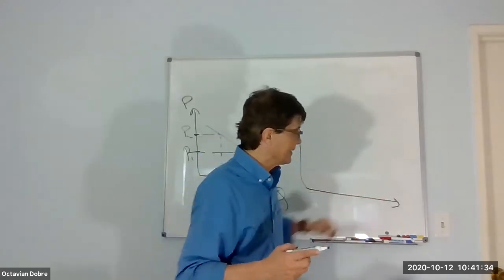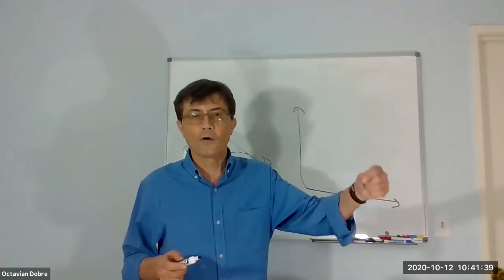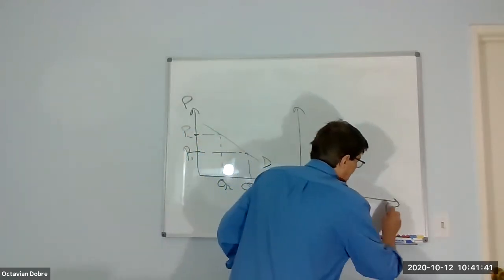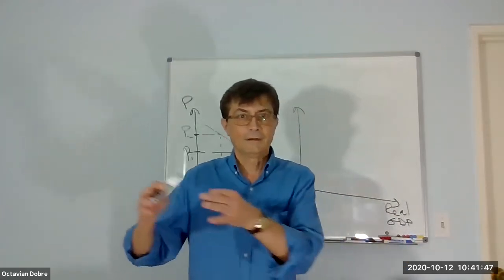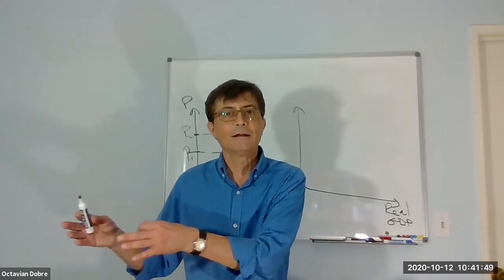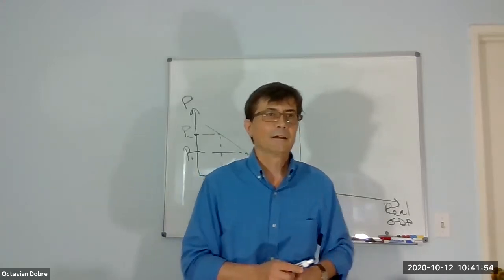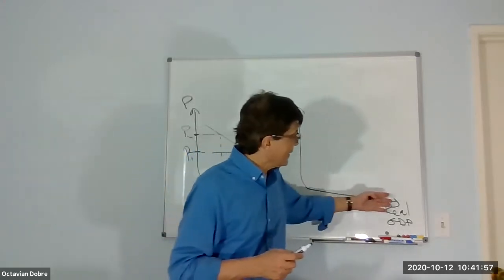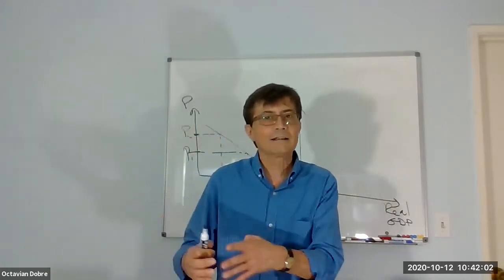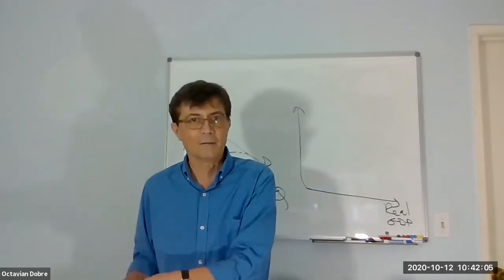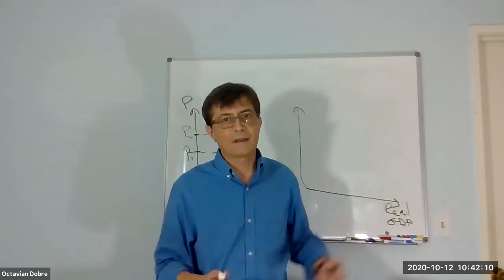So on this axis we're going to put real GDP, which represents the value of all final goods and services. The more we want to buy, the higher the value. The less we want to buy, the lower the value. So as a proxy for the quantity demanded, we use the value of the quantity demanded, measured in dollars. Now we have everything measured in dollars.